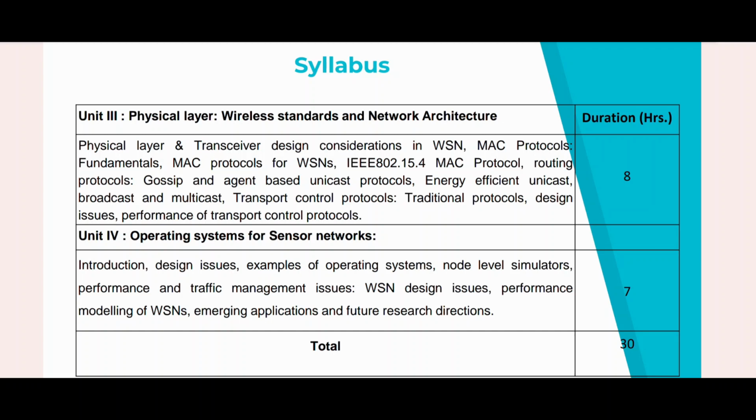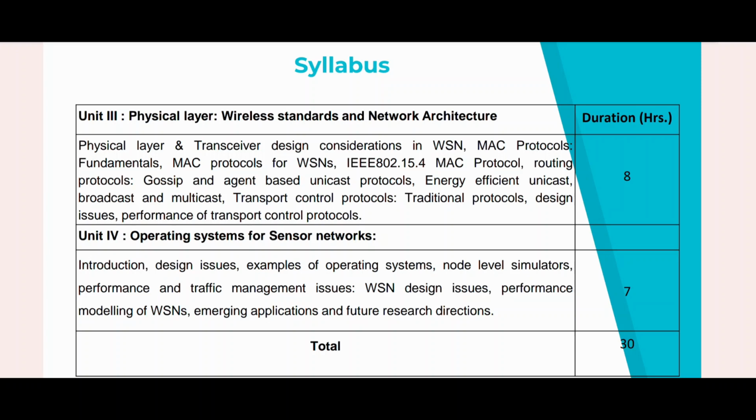The physical layer and transceiver design considerations in WSN, MAC protocols fundamentals, MAC protocols for WSN, IEEE 802.15.4 MAC protocol, routing protocols, gossip and agent-based unicast protocols, energy efficient unicast, broadcast and multicast, transport control protocols, traditional protocols, design issues, performance of transport control protocols.